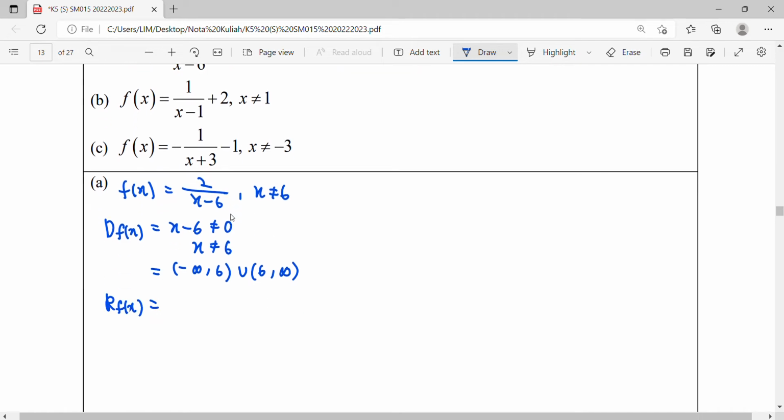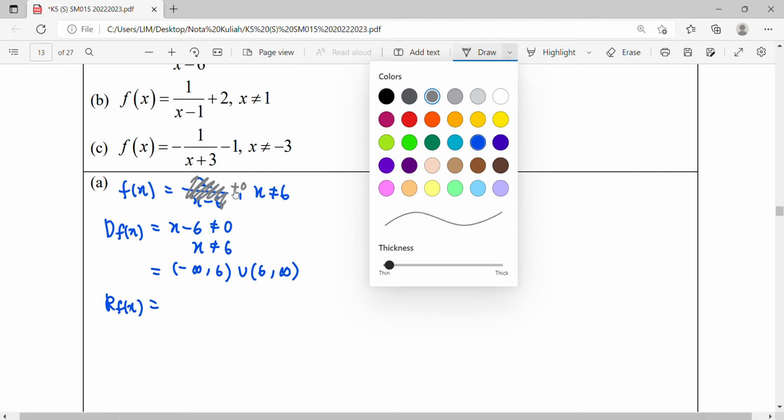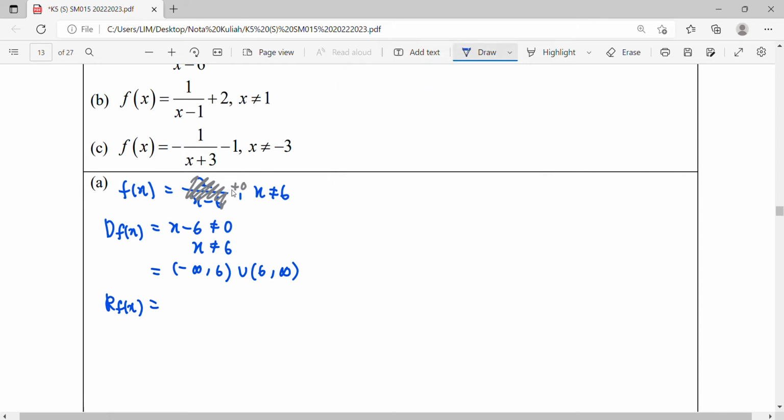For the range, we cover the function, and what we see outside is the value zero. So the range is Y, we write Y is not equal to 0. So it will be negative infinity until 0, 0 until infinity.